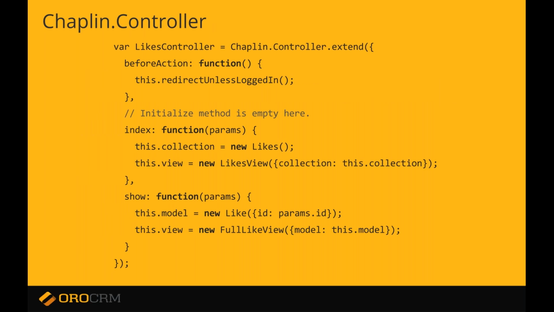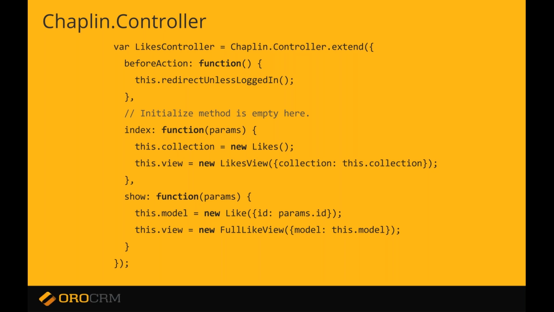Here you can see how a typical controller looks. So we extend from Chaplin.Controller and create some custom controller. Above you see the before action method, we will talk about it a bit later. And below you see action methods. So the index method accepts parameters, and inside the method we create some collections and create a view.